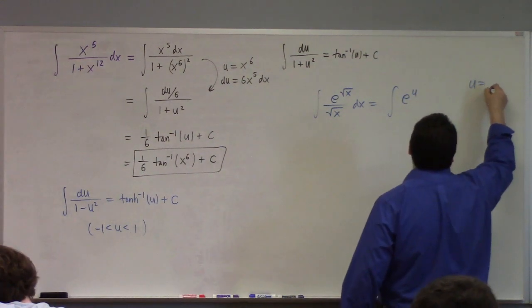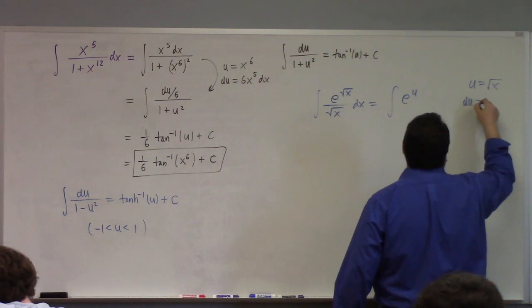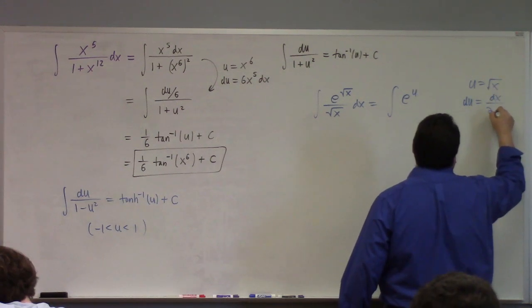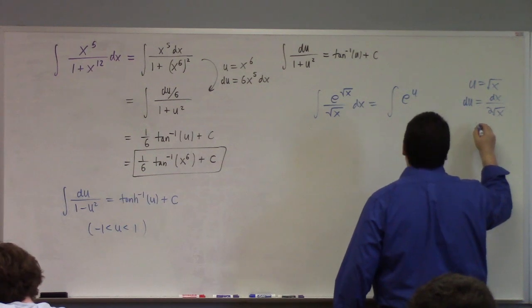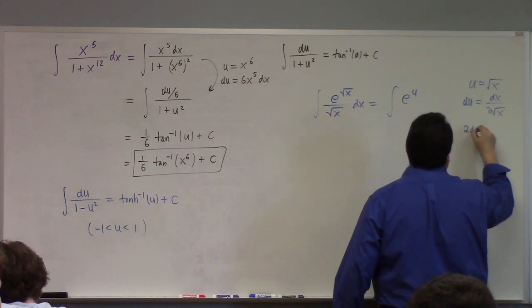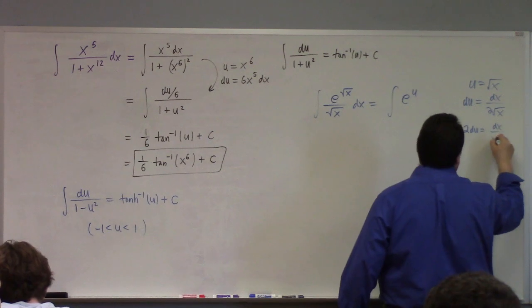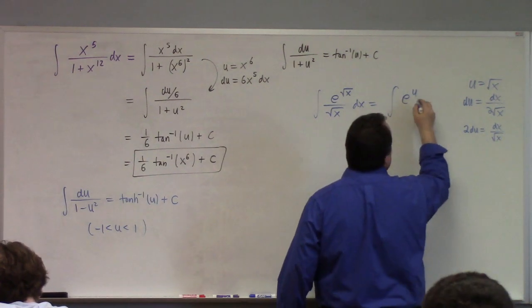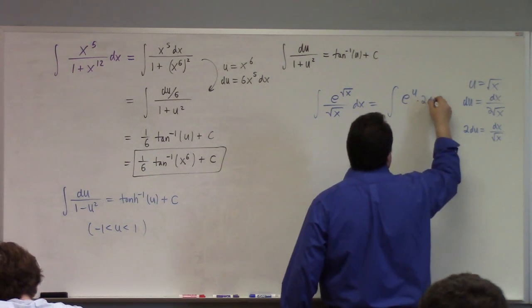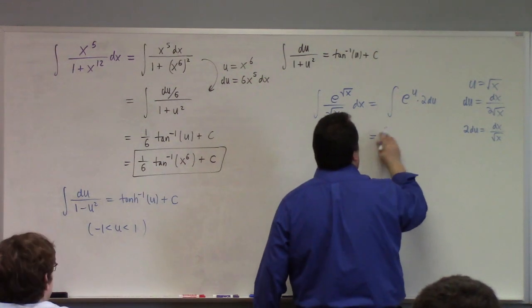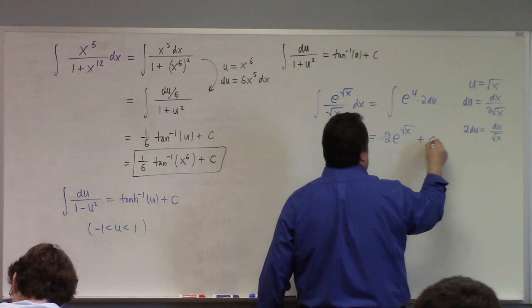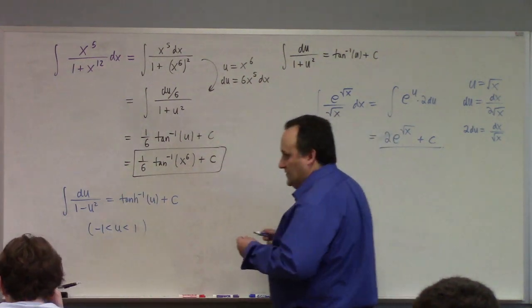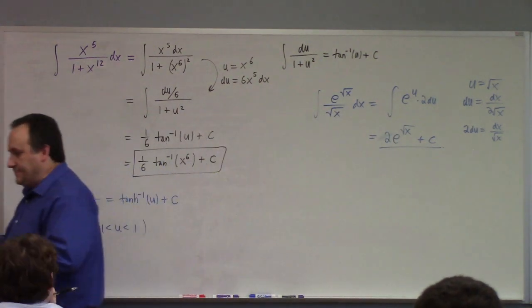If u equals square root of x, du is dx over 2 root x, which means 2 du is equal to dx over root x. So this one would be 2 times e to the square root of x plus a constant. There's a pretty similar example to 342b.